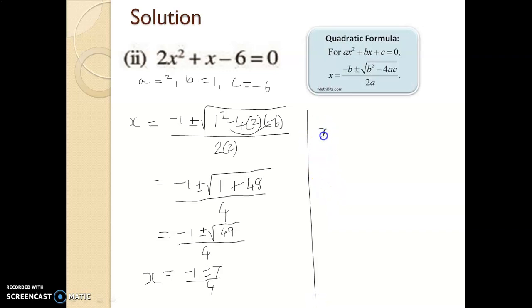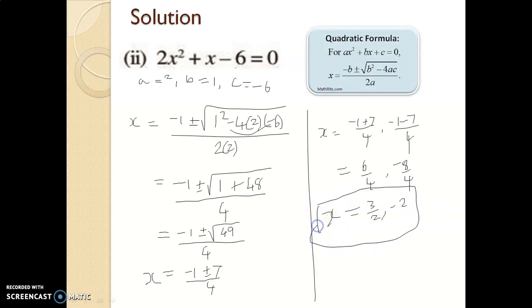Okay, so x equal to minus 1 plus 7 by 4 and another one minus 1 minus 7 by 4, right? Simplify this. Minus 1 plus 7 is nothing but 6, so 6 by 4, and comma, here minus 8 by 4. When we simplify these two, 3 twos are 6 and 2 twos are 4, so 3 by 2, and here minus, 2 fours are 8, so minus 2. So these are the roots of the given equation, right?